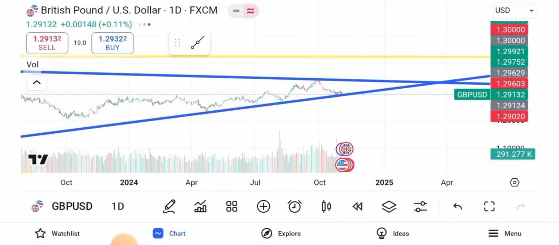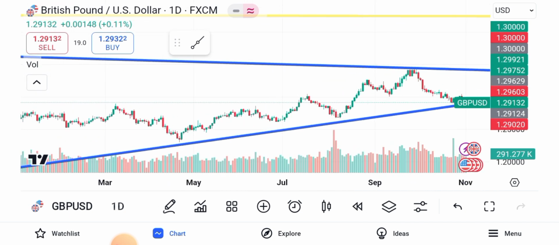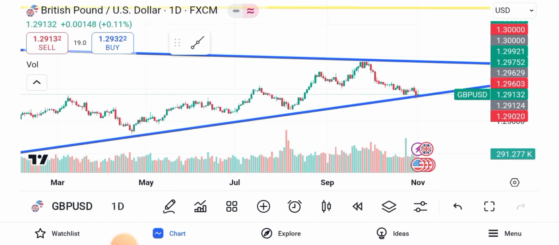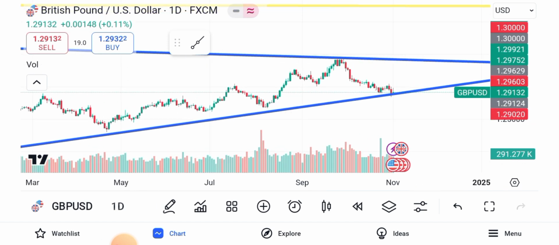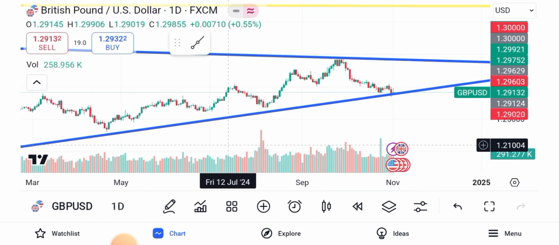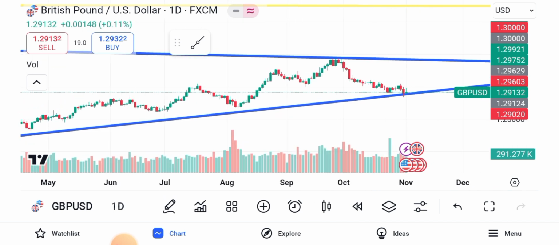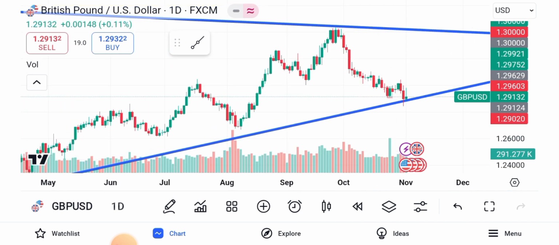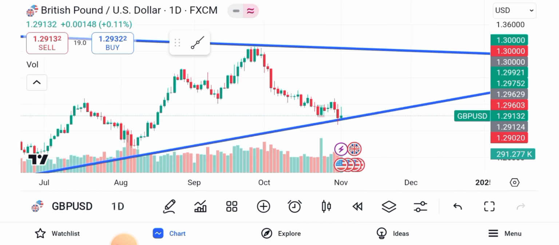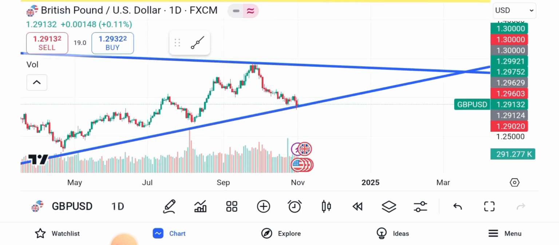Our daily chart, guys, is definitely going to be these parts here. Definitely has to be here. Okay, because we have weekly chart analysis right here.